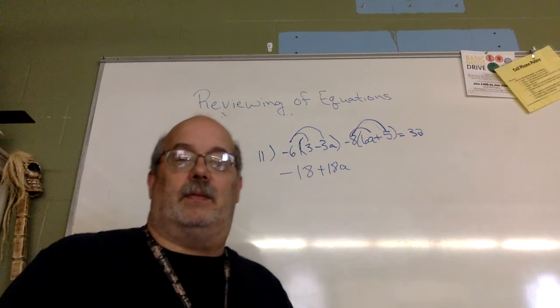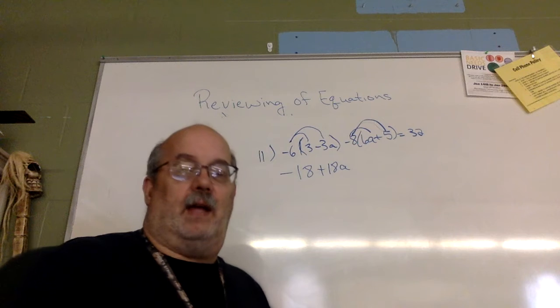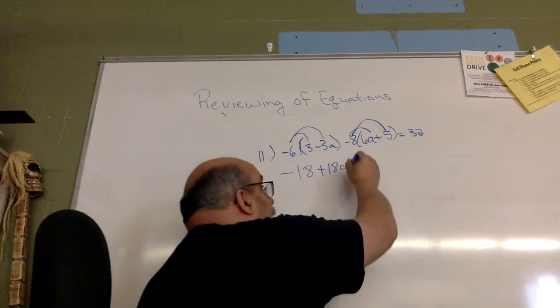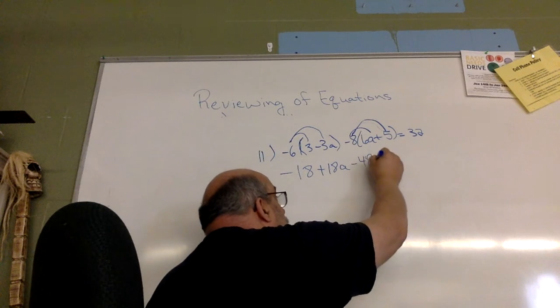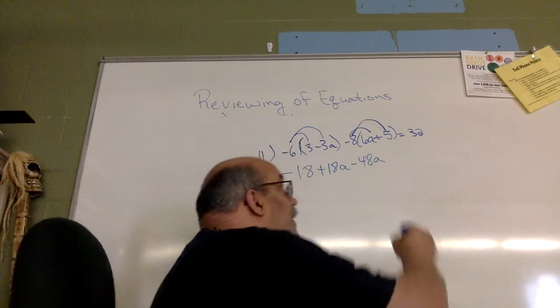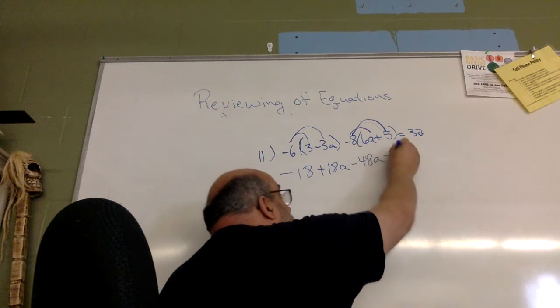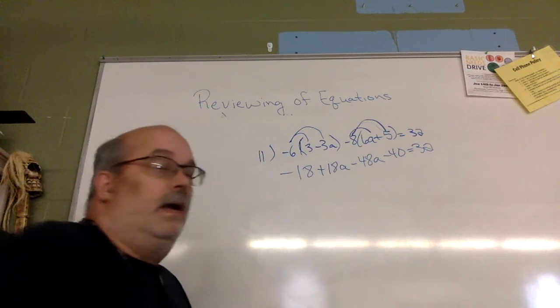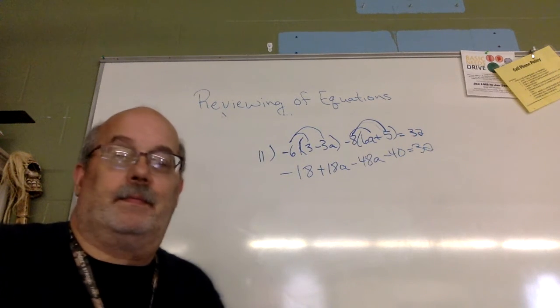Going to the second distribution, negative 8 times 6a is negative 48a. Negative 8 times 5 is negative 40. Now we want to combine like terms.